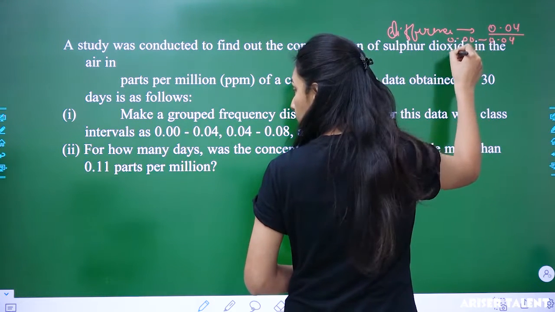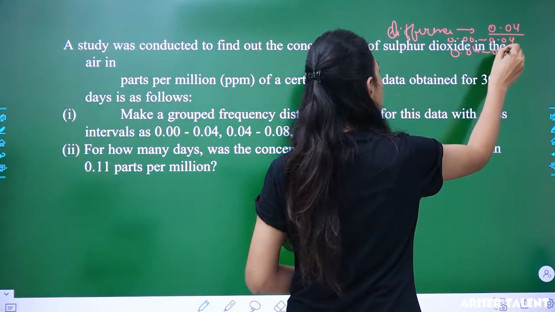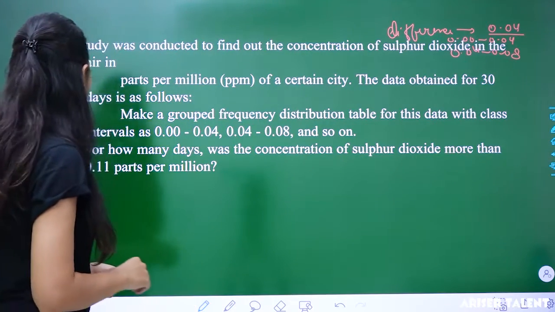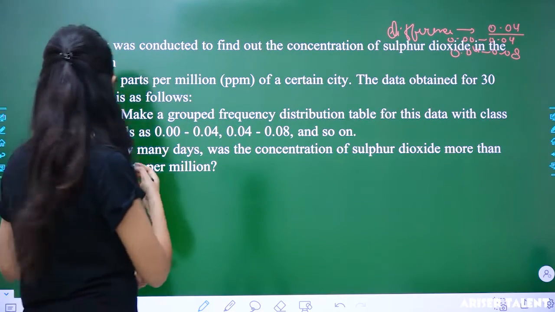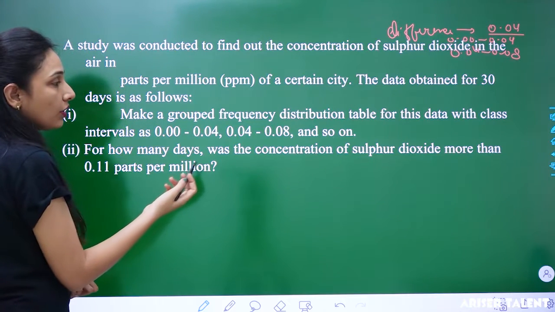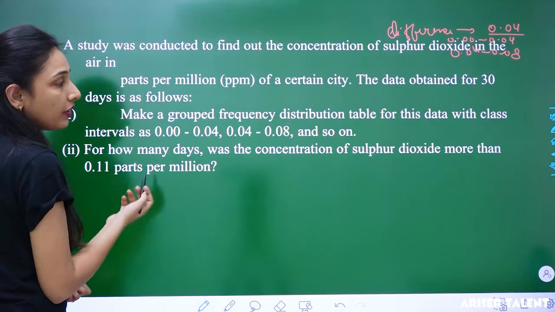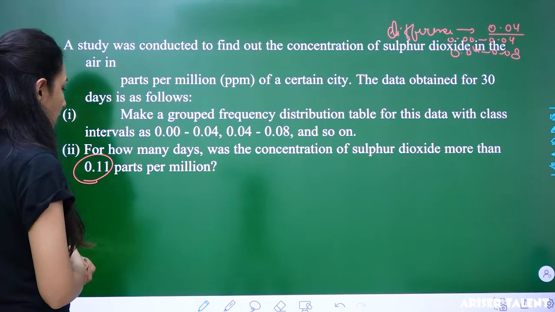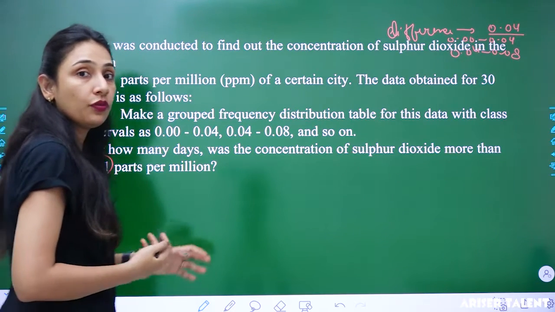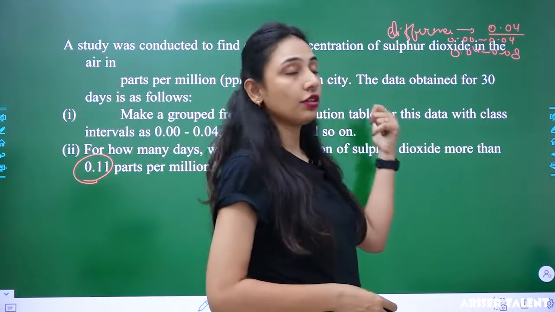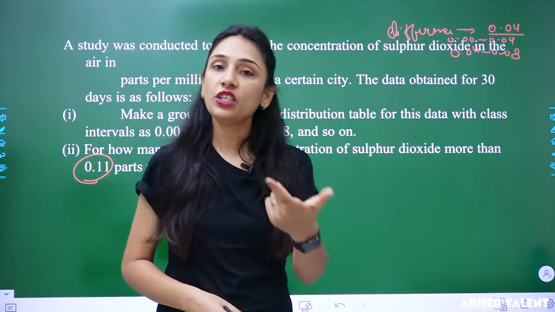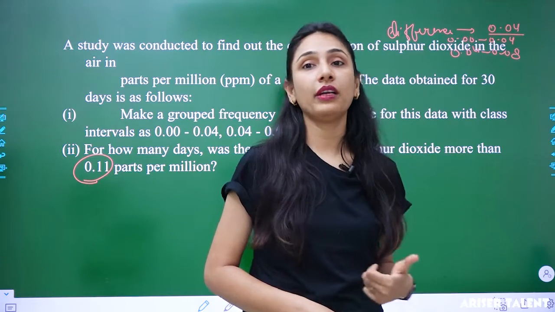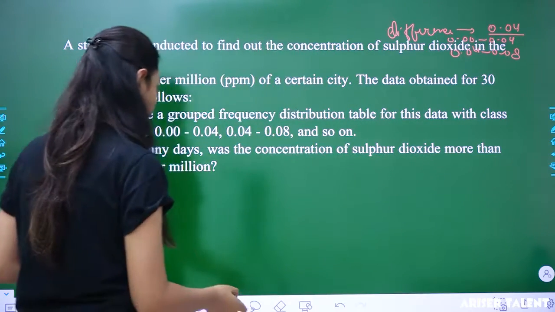Then from 0.04 to 0.08, and so on. The second part: for how many days was the concentration of sulfur dioxide more than 0.11 parts per million? First we solve the first question, so first we are going to draw this table, and then we find out the next one.